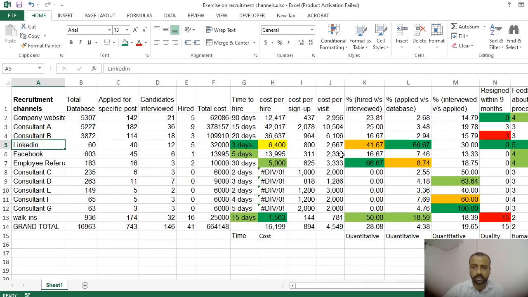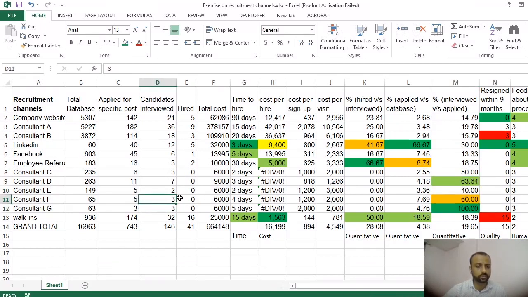Similarly, I may look for these consulting companies, maybe consultant G and consultant D and consultant F. Why? Because they have given me some good candidates which had potential. Because if you look at column number D, all 3 out of 3 have been shortlisted.